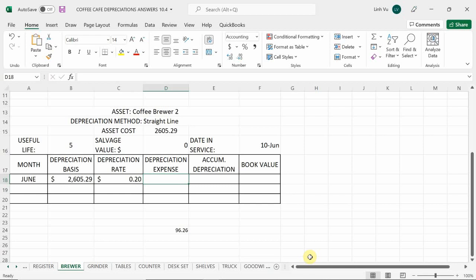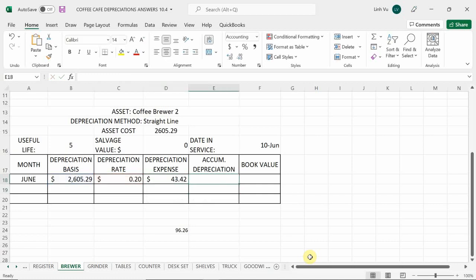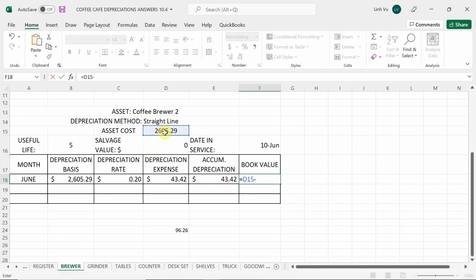So what's my depreciation expense going to be? $43.42. Right? That gives me a book value of $2,561.87.